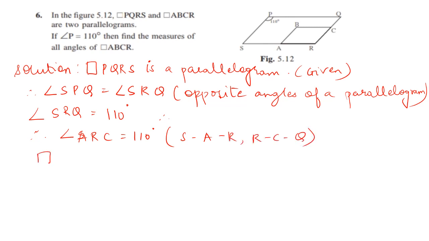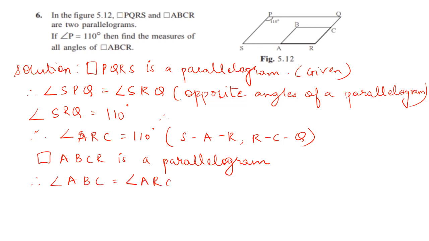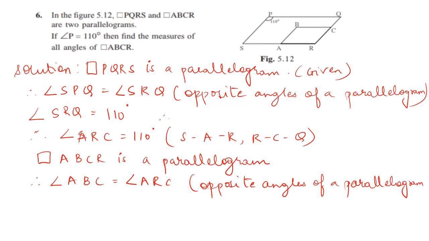Okay. Now they have given that ABCR is also a parallelogram. So therefore angle ABC is equal to angle ARC. Again opposite angles of a parallelogram. Okay.